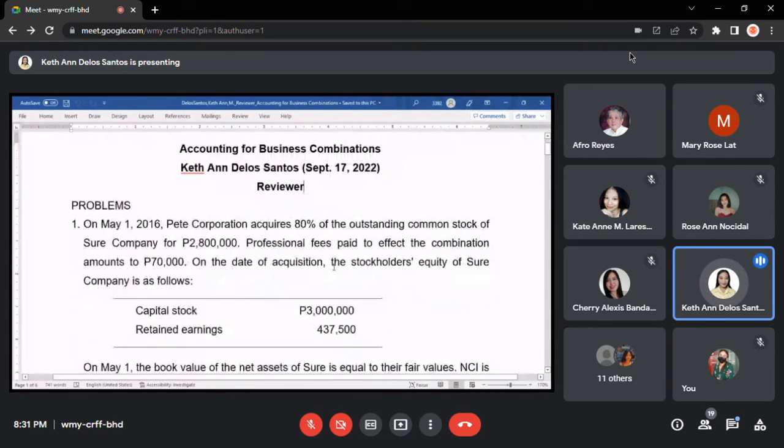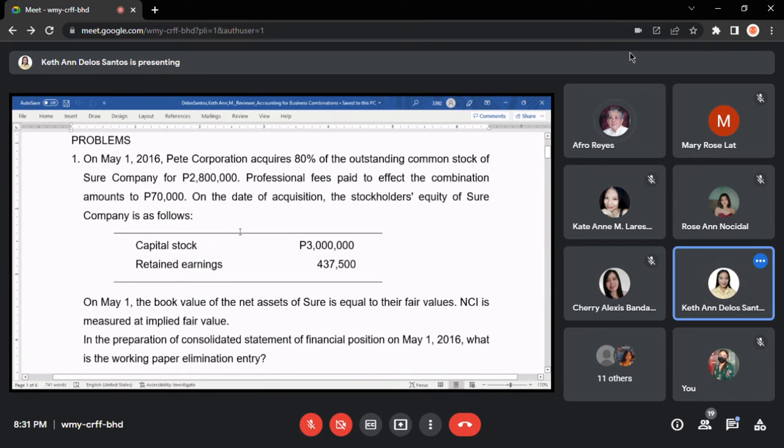Problems. Number 1. On May 1, 2016, Petty Corporation acquires 80% of the outstanding common stock of Sure Company for 2,800,000 pesos. Professional fees paid to effect the combination amount to 70,000 pesos. On the date of acquisition, the stockholders' equity of Sure Company is as follows.